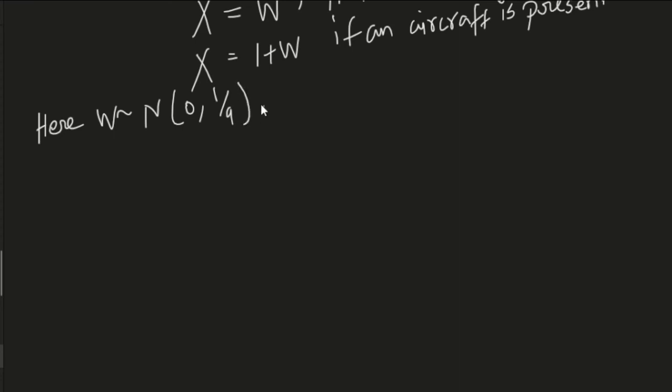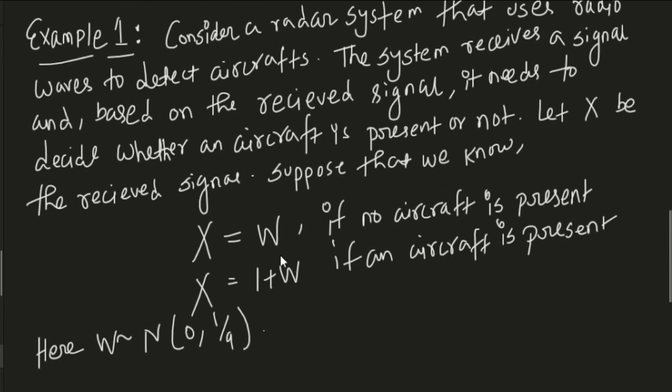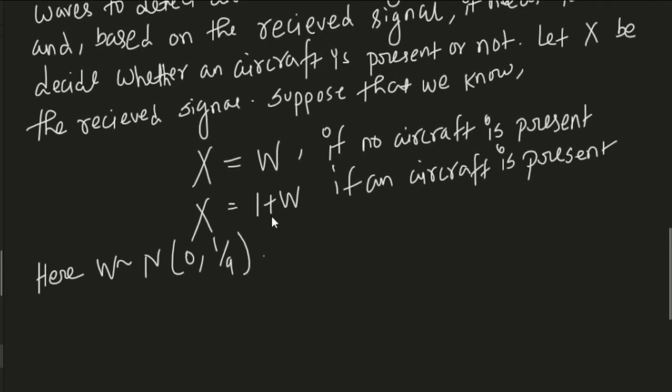So up to this part we are clear, because what we have said is this, and we understand what W is. W is basically a normal random variable with mean 0 and variance 1 by 9.